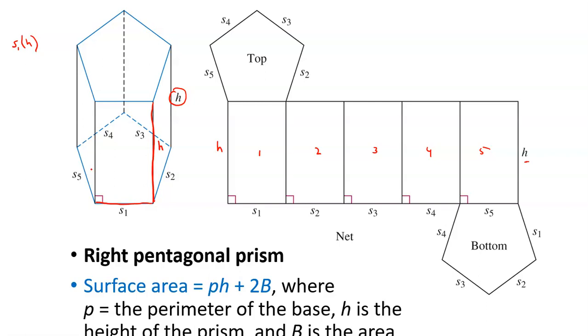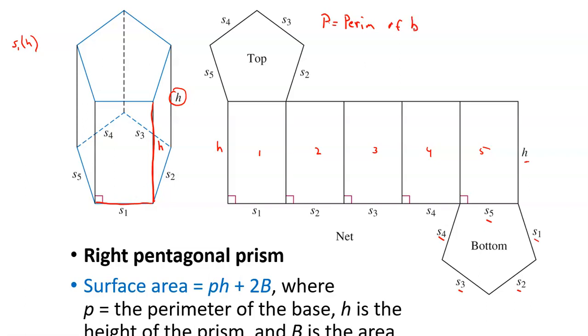Well, rather than calculate those 5 things separately, what happens when we take side 1 and side 2 and side 3 and side 4 and side 5 and add them all together? Really what we're doing is we're taking the perimeter of the base. So oftentimes in the formulas, you'll see that P represents the perimeter of the base. And we use a lowercase p because it's a linear measure.